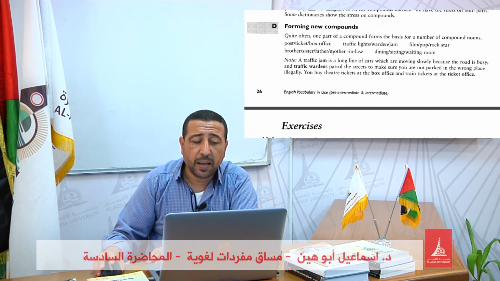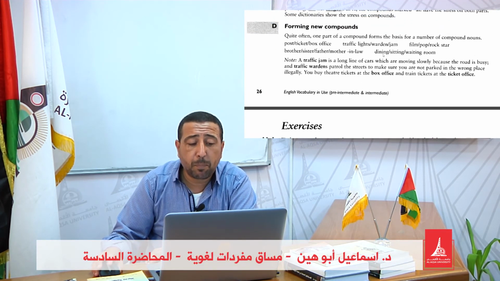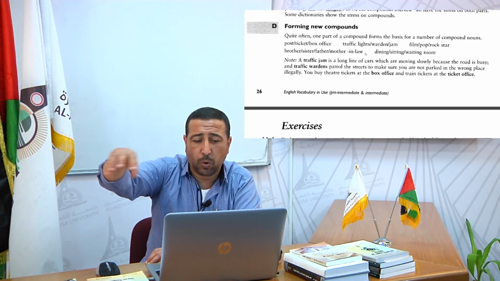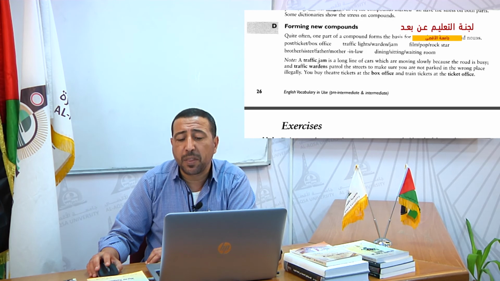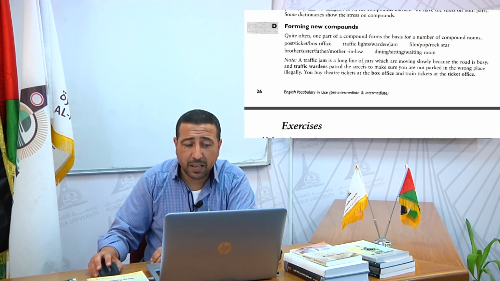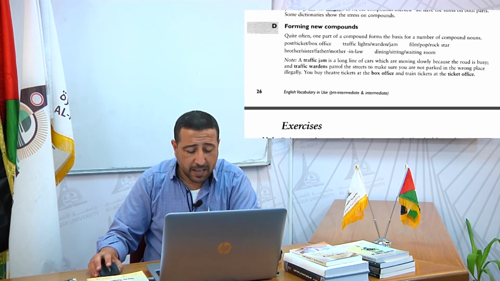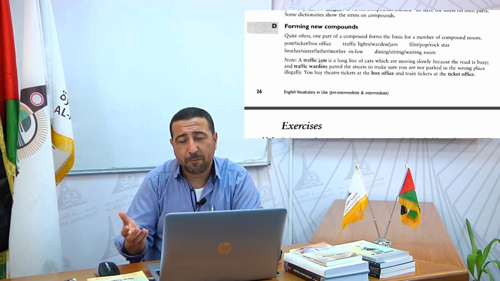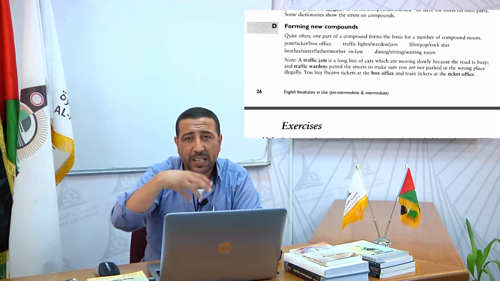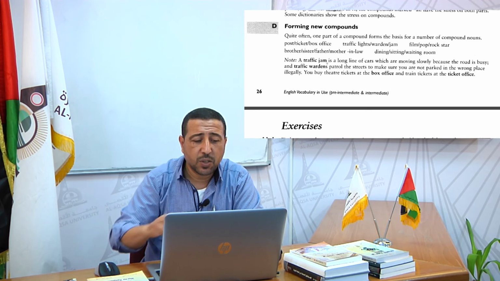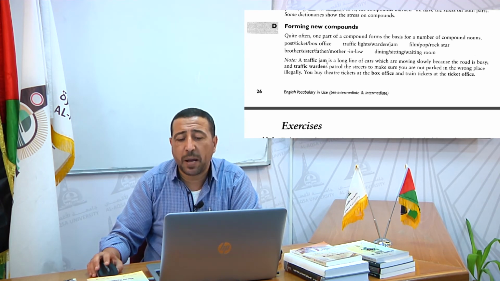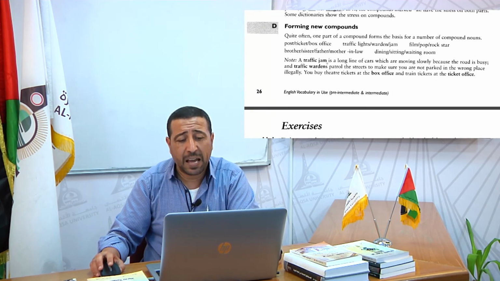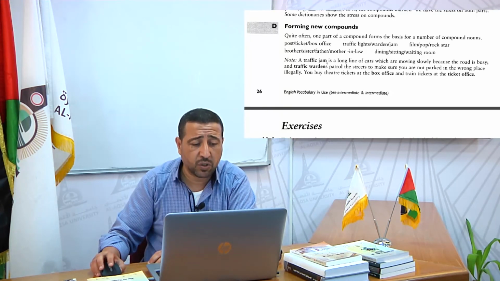However, traffic wardens patrol the streets to make sure that you are not parked in the wrong place. In Arabic, the traffic warden is الدورية الحراسة. So here we have a difference in meaning between traffic jam and traffic warden.